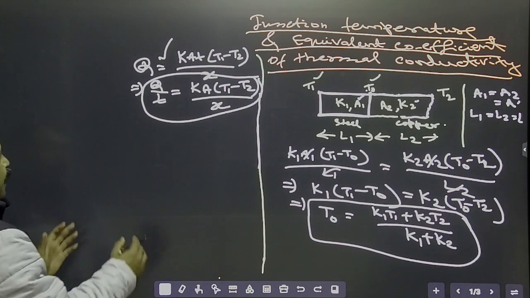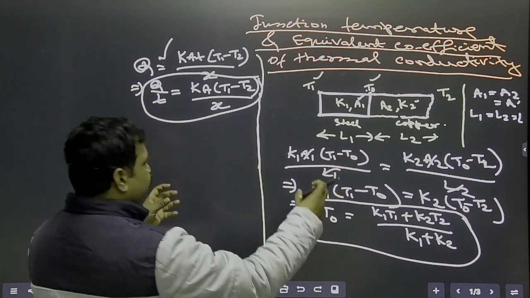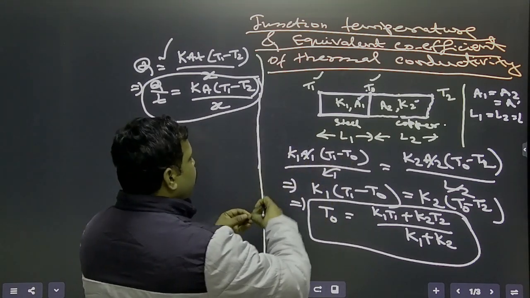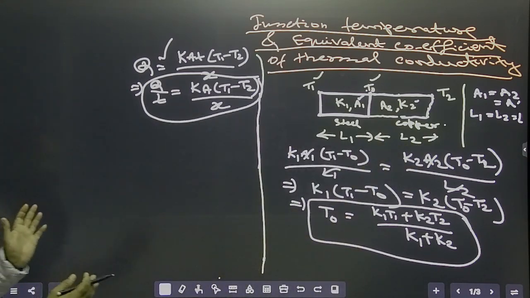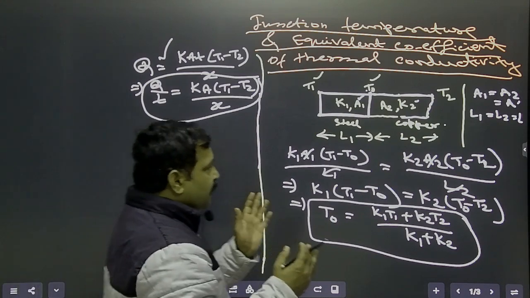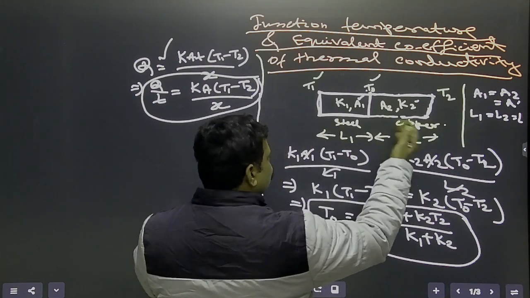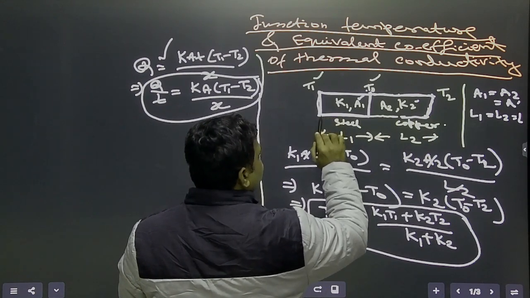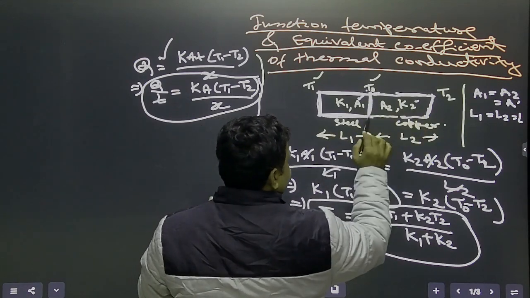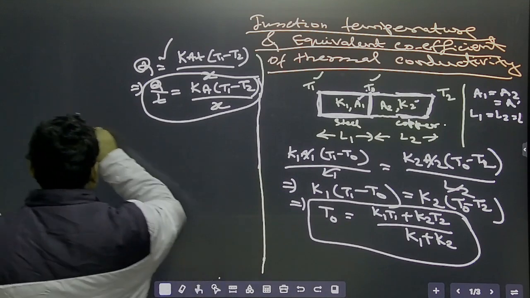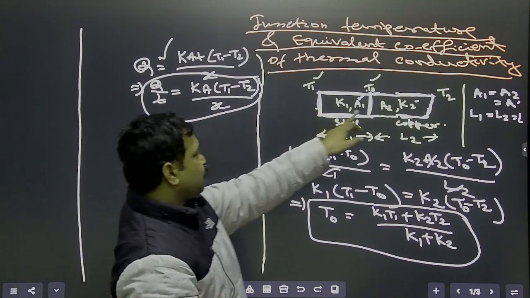Now to find the equivalent thermal conductivity when these two different materials are joined together and heat transfer takes place, we can say that the rate of heat transfer from this end to the other end will also be the same as the rate of transfer of heat between the parts. So suppose we consider heat transfer from this end to the junction.